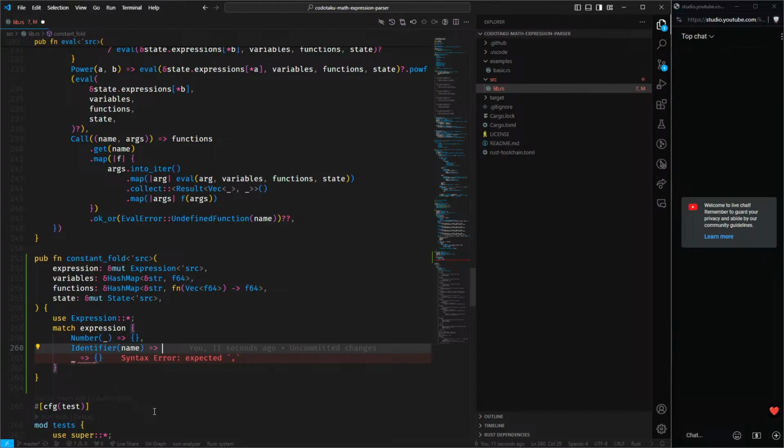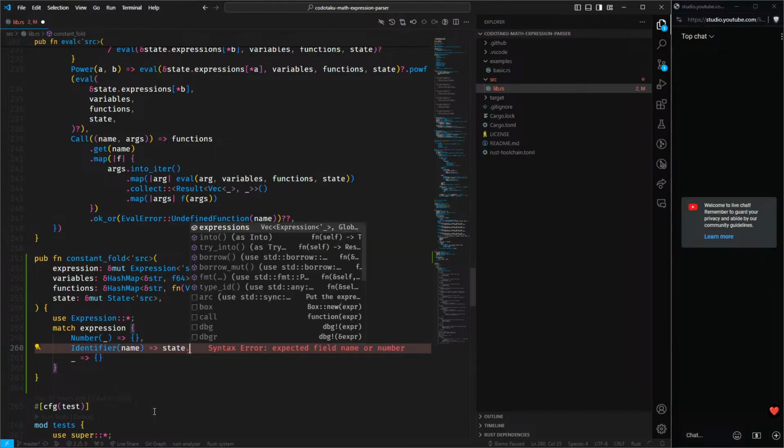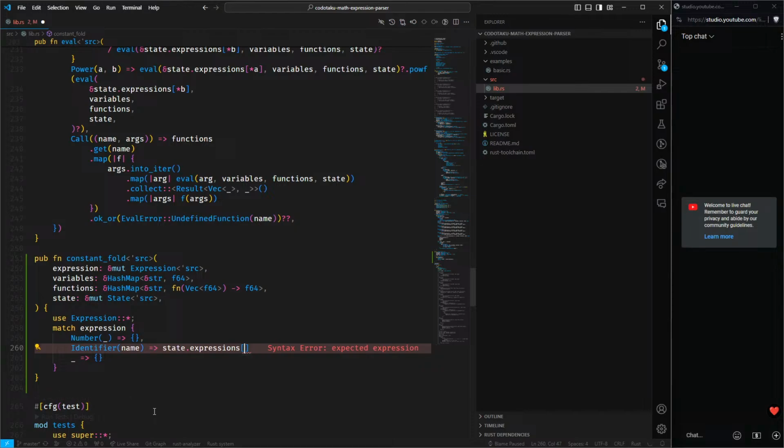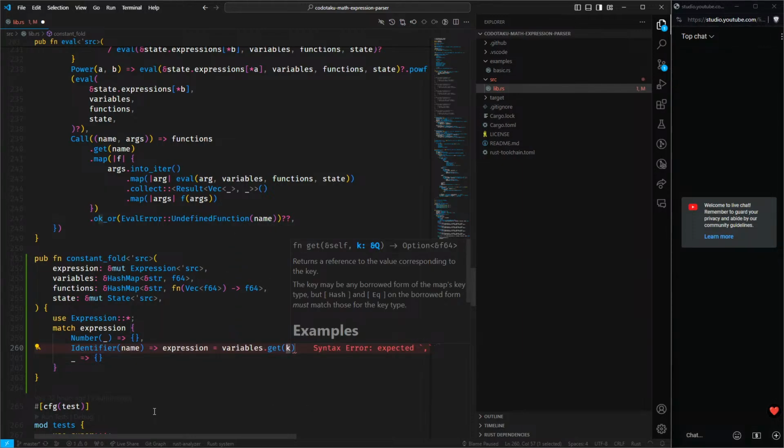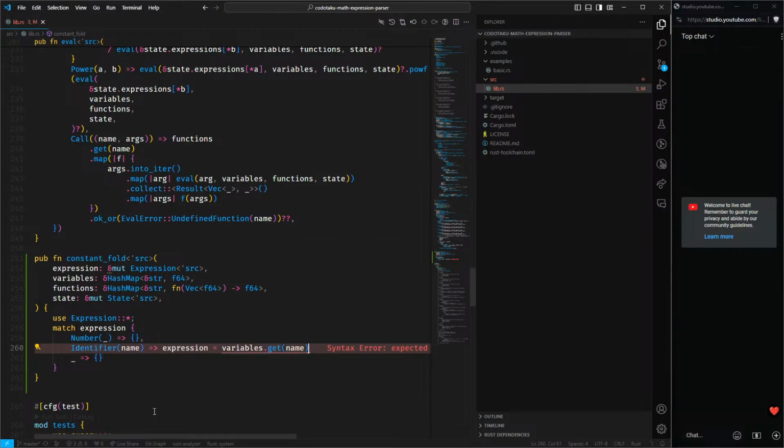So what we're gonna say is state.expressions.expression is equal to, you know, it's mutable, is equal to variables.get the name of the identifier. Of course, if it does exist, so if we find it, then we're gonna set it.